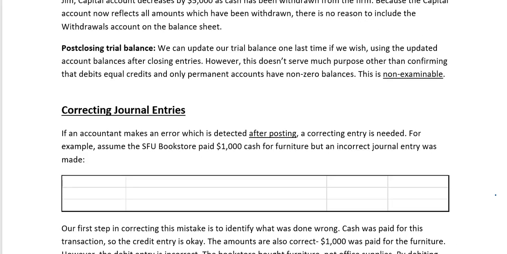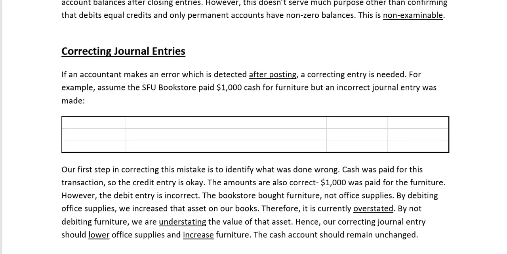Moving on to correcting journal entries. If an accountant makes an error which is detected after posting, a correcting entry is needed. For example, assume the SFU bookstore paid $1,000 cash for furniture, but an incorrect journal entry was made.